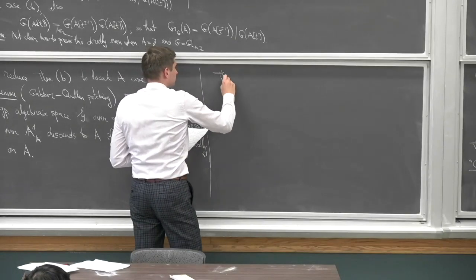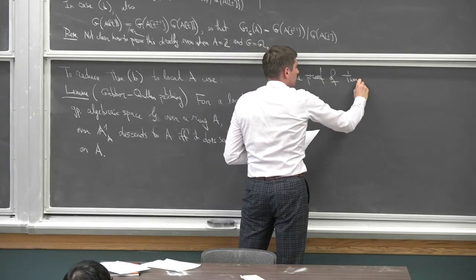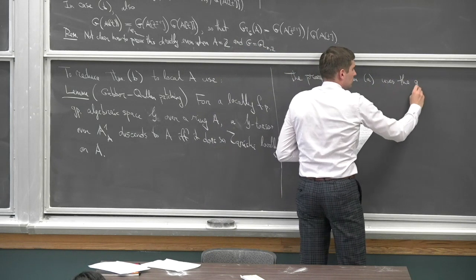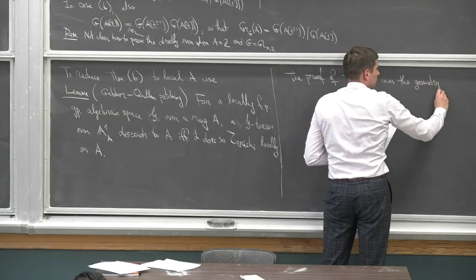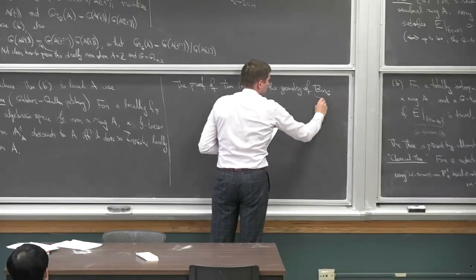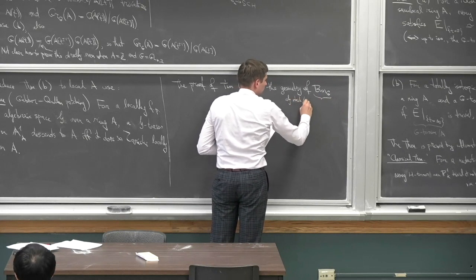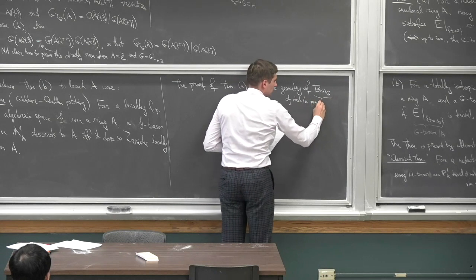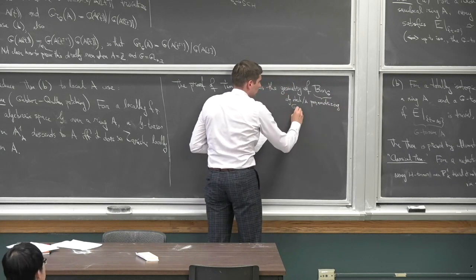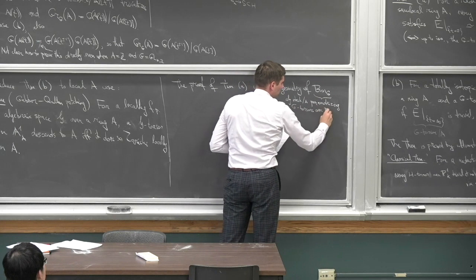So the proof of this theorem, part A, is built on the geometry of Bun_G. This is the algebraic stack over A parametrizing G-torsors over P^1.